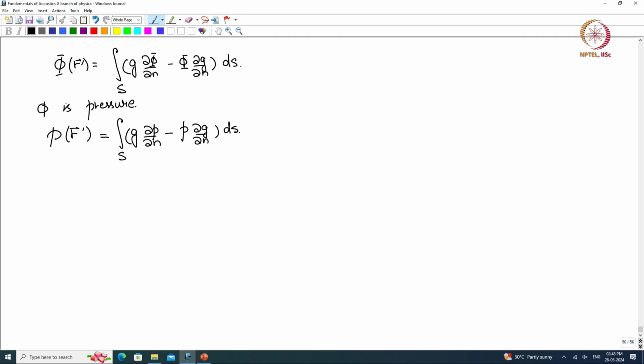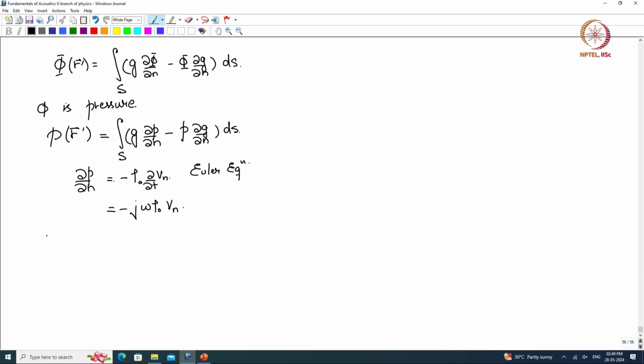Okay. And del p del n is what? Del p by del n is minus rho 0 del t of Vn. This is my Euler equation. And in the harmonic case, it is minus j omega rho 0 Vn.